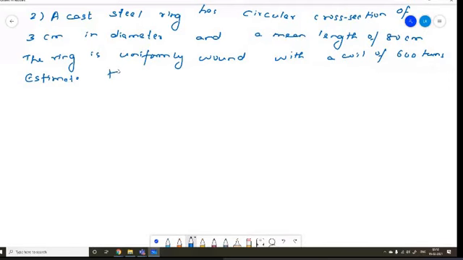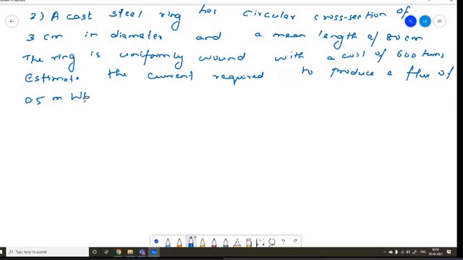Estimate the current required to produce a flux of 0.5 milliweber in the ring.